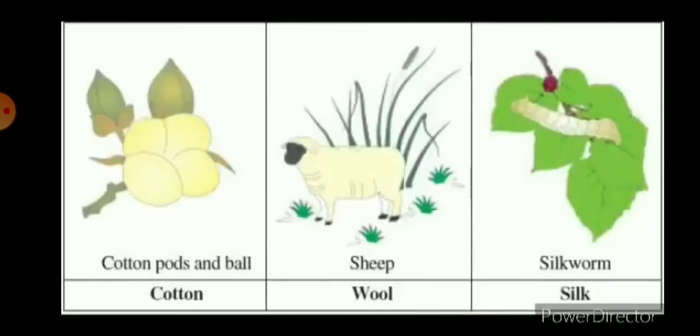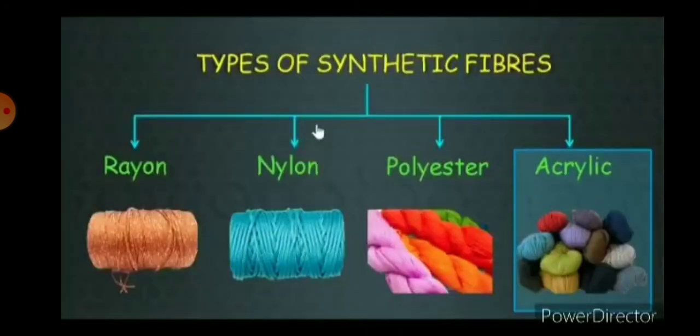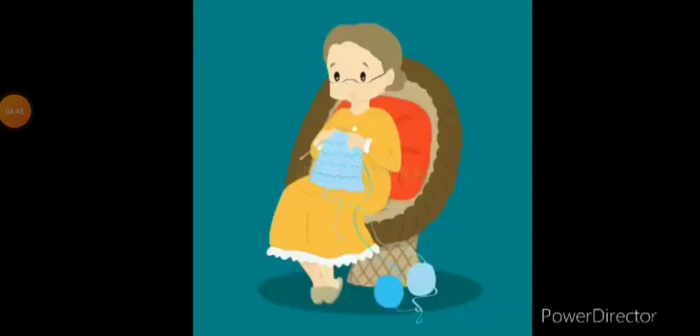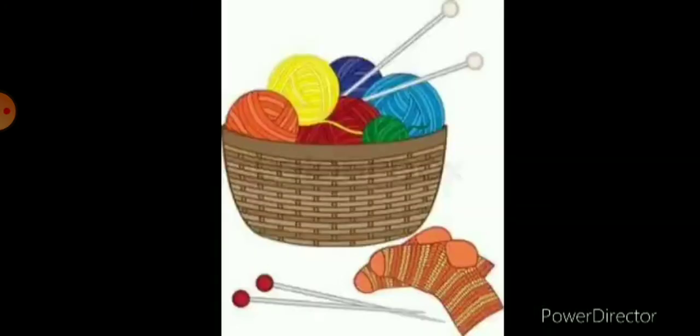Cloth can be woven in two ways. Number one, sweaters, caps, etc. are woven with the help of knitting needles at home.